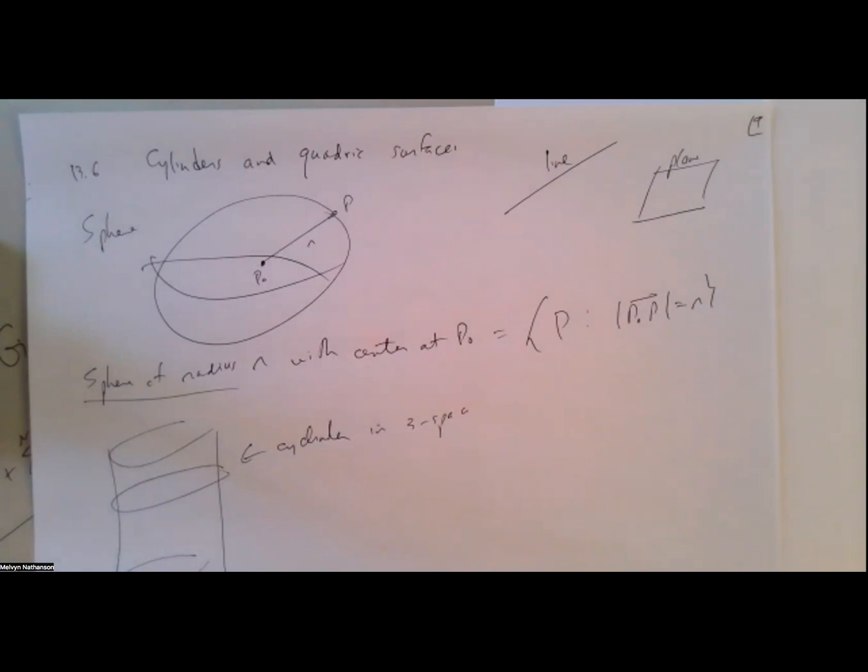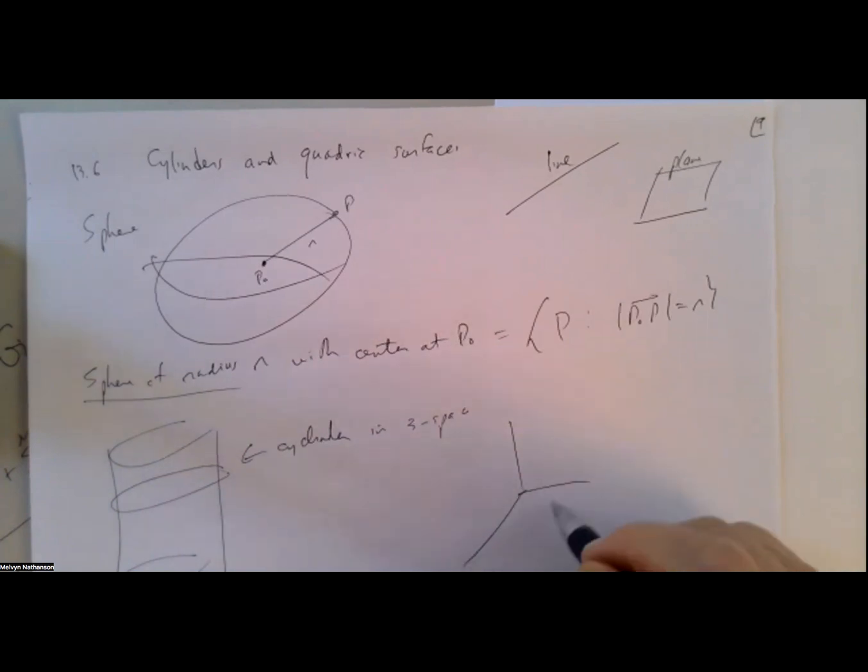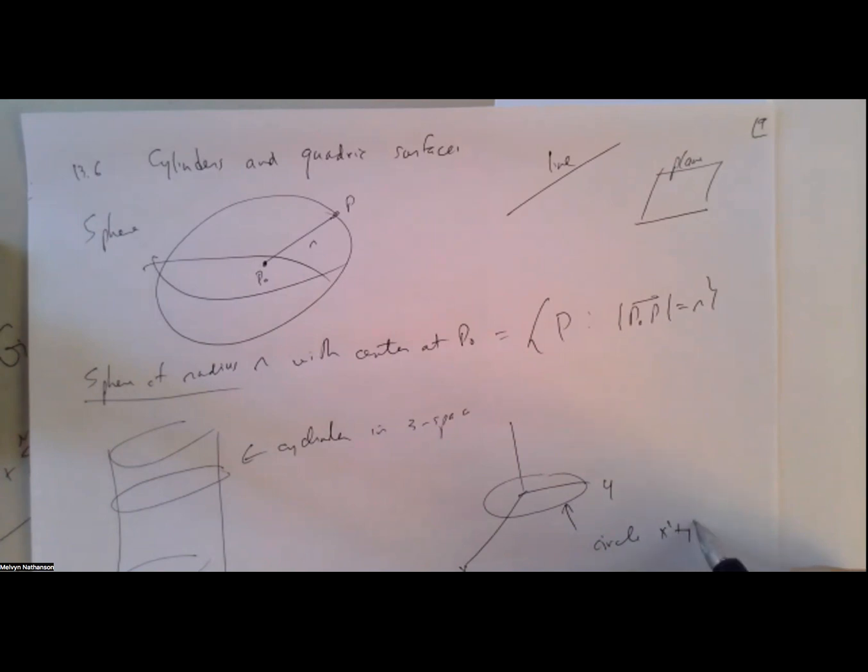Let's see, what's one way to describe the cylinder? So suppose in the xy plane, we have the circle x squared plus y squared equals 1, say, just the circle of radius 1.